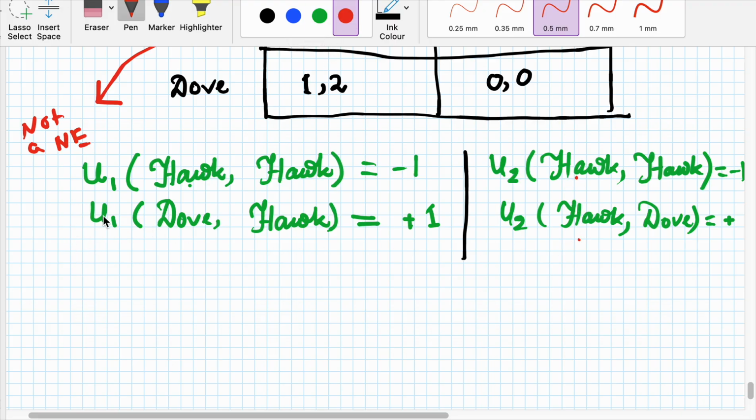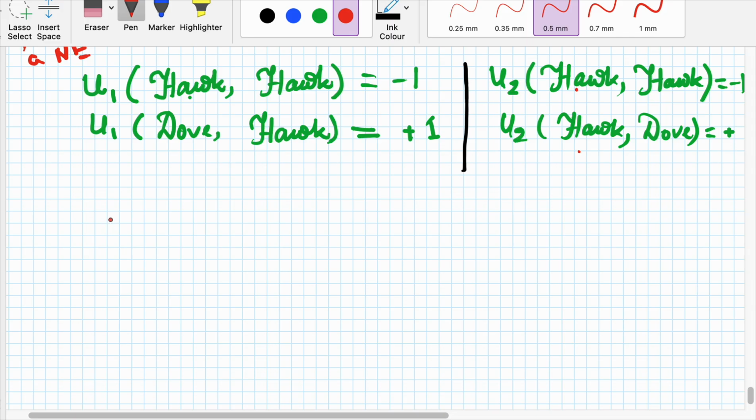Now let me see another situation. Is this action profile, hawk for player 1 and dove for player 2, a Nash equilibrium?